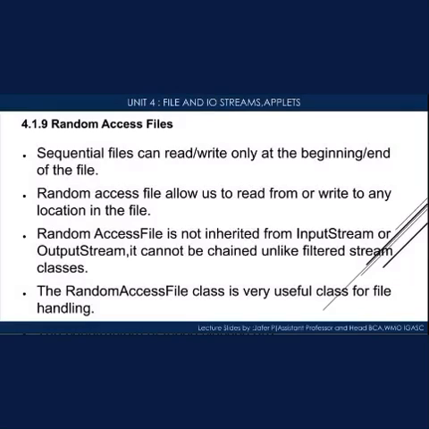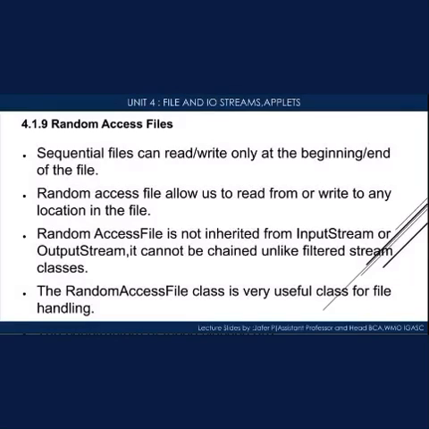Now, let us move on to random access file. So, what do you mean by random access files? Sequential files can read or write only at the beginning or end of the file. You know that there are two kinds of file you may experience: a sequential file and a random access file.